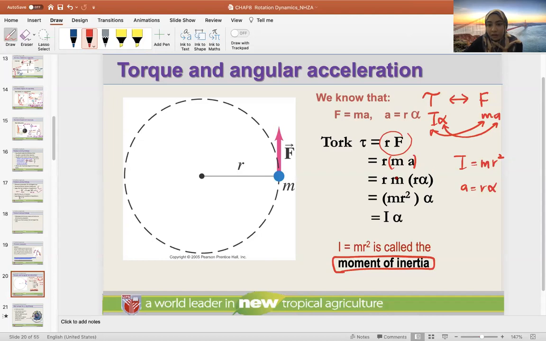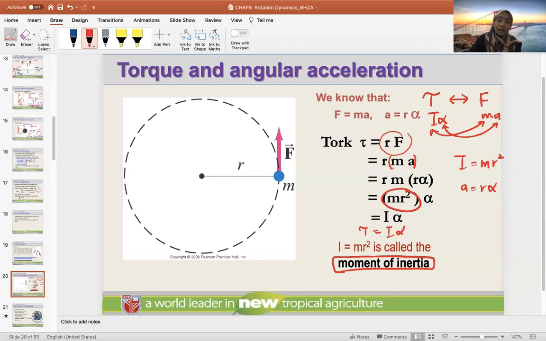So now I have M R alpha, and now I have MR squared alpha. And I told you torque is equal to I alpha, which is right here. And so I is equal to mr squared. Okay, the moment of inertia is mr squared. Itu je.